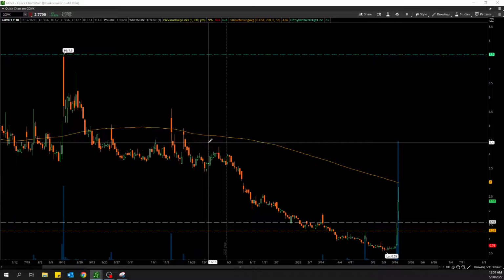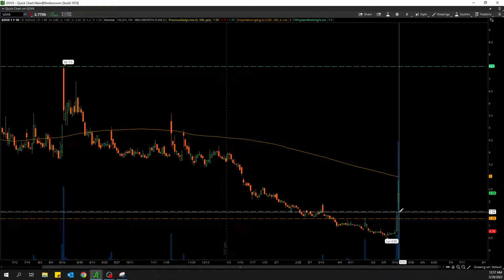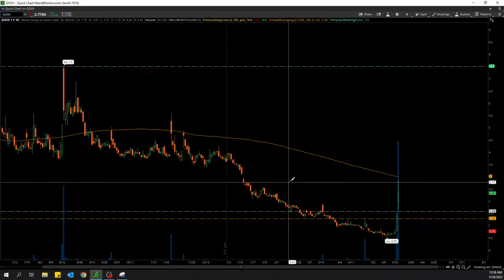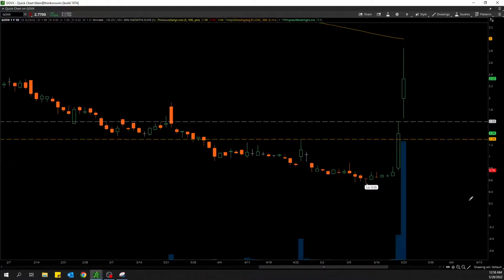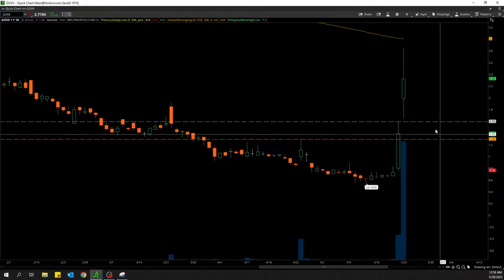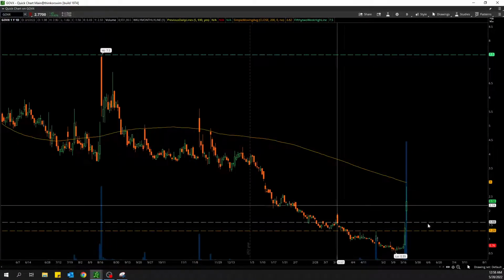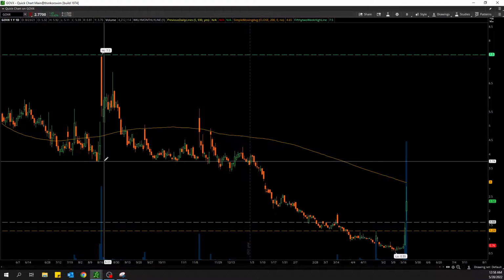So the first thing I usually do is go out and mark my areas based off the weekly and daily charts. My goal right now is just to get an idea of where the stock came from and where things are. First thing I try to do is look at the areas where it's bouncing from.